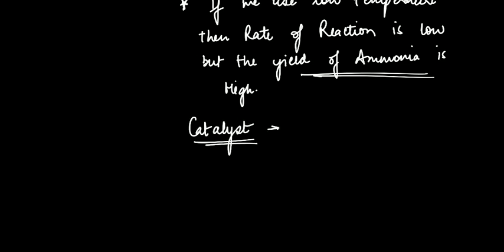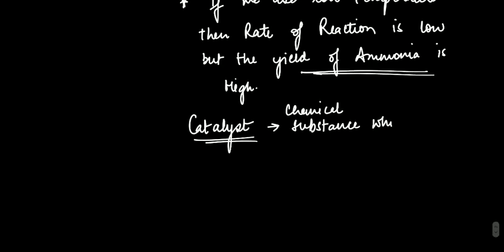So catalyst is a substance. Catalyst can be anything. It can be an atom, it can be a metal, it can be a compound. It's a chemical substance which alters the rate of reaction without affecting the reactants and products, and without affecting itself.